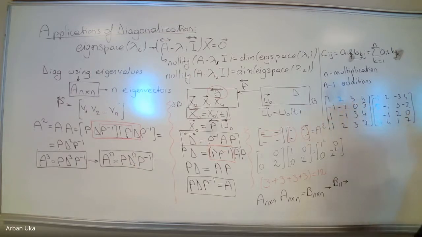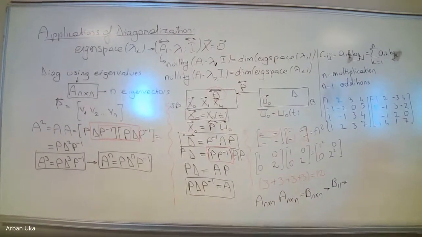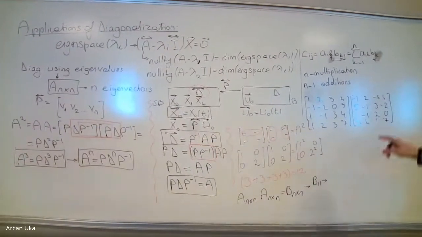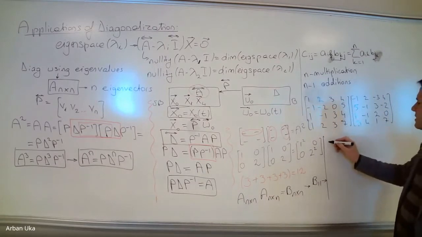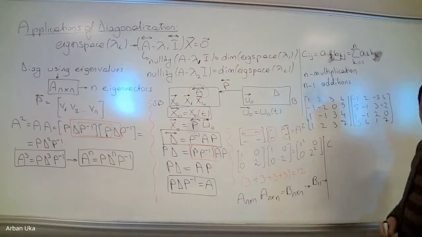So let's assume that we want to multiply these two matrices. And how? Let's use this formula. Let's say that we want to find what is element C. You pick one. What number do you want to calculate?